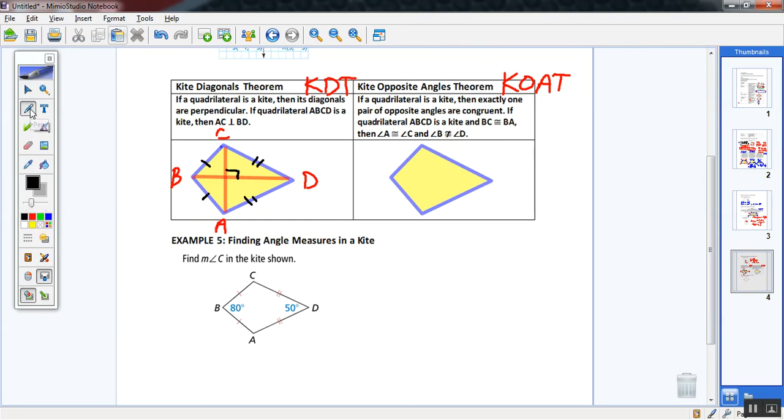What this is saying is that if a quadrilateral is a kite, then exactly one pair of opposite angles are congruent. So if AB is equal to BC, which angles appear to look congruent?